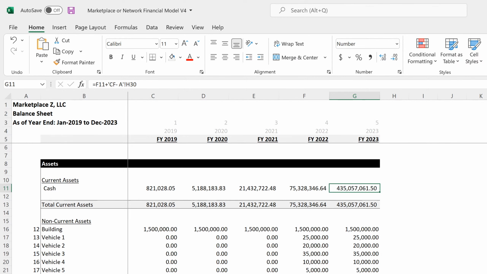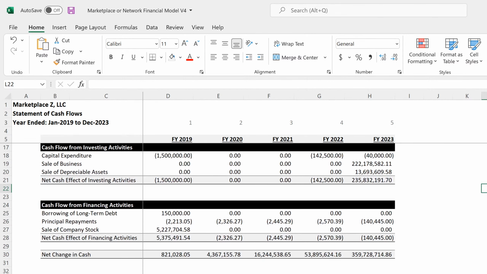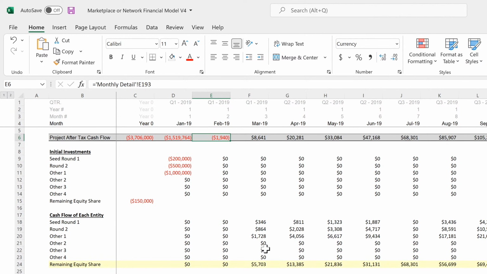So now that that's done, we are pretty much set. So distributions to equity. What should this total? 435,057.